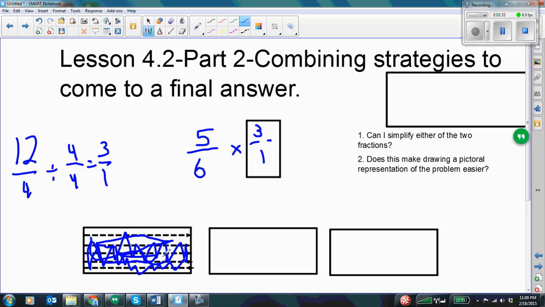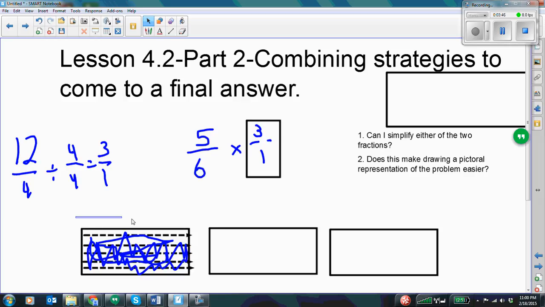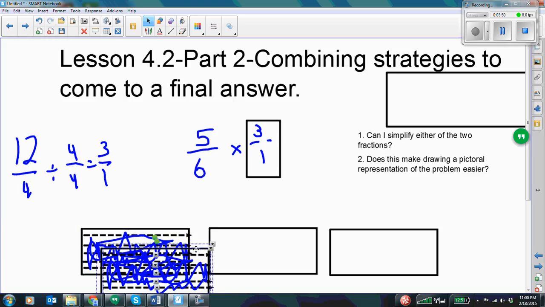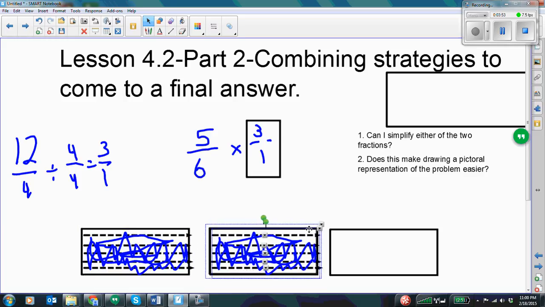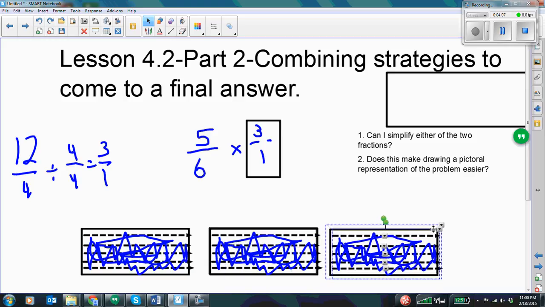Now, if you think about the work I've done, I've only done that for 1 out of my 3 wholes. So I would need to repeat that for all the others. So I'm actually going to sort of lay this over the top so I get a pictorial representation, so you can clearly see what I have here.